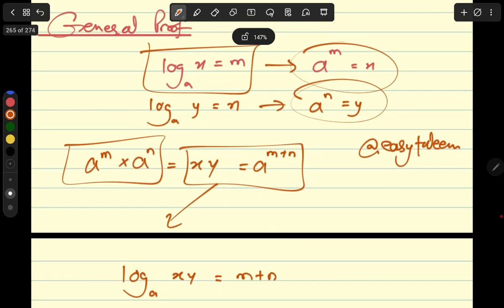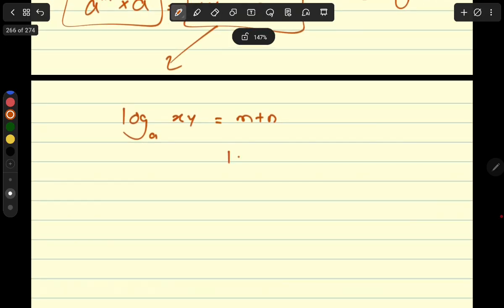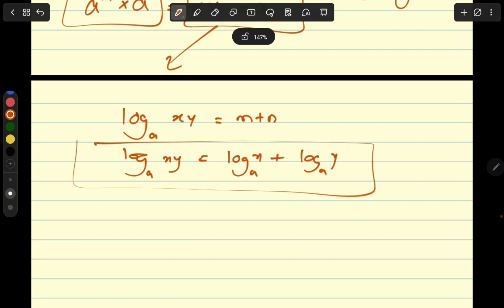Now m was equal to log x to the base of a, and n was equal to log y to the base of a. Whenever we have the same bases, you can see that we had a base of a here, here, and here. Then if the logs are adding, you can multiply their arguments. So x and y will multiply together if the bases are the same and the logarithms are adding. So that's the proof. You didn't have to memorize. It's just the exponential laws.